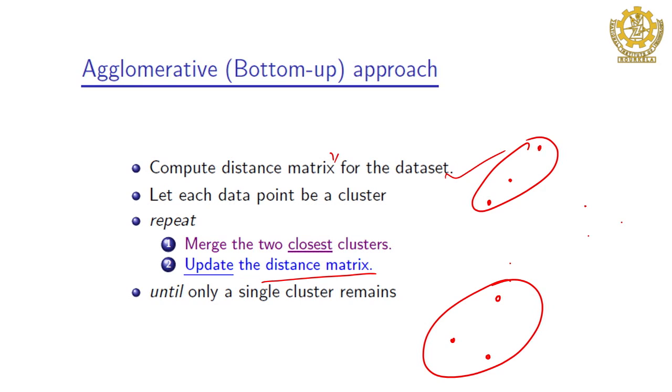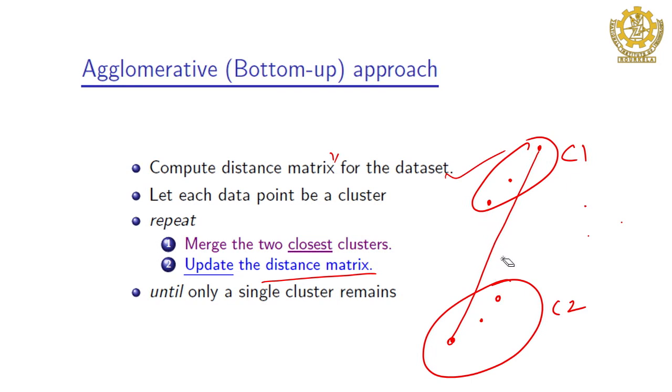If you use single linkage, what will be the distance between the 2 clusters? It is the distance from C1 to C2. If you use complete linkage, this will be the distance. Let us say this is the farthest point, so that will be the distance.